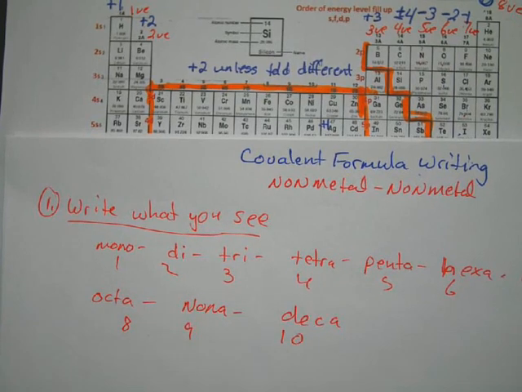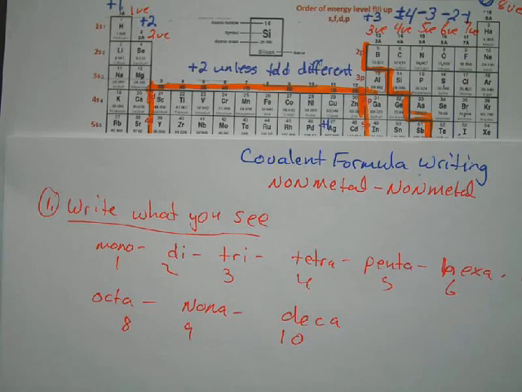If you know the prefixes, guys, all you have to do when you're covalent formula writing is write what you see. Really, really simple. Because the first guy keeps his name, uses all but mono. The second guy uses all prefixes and takes the "ide" ending.